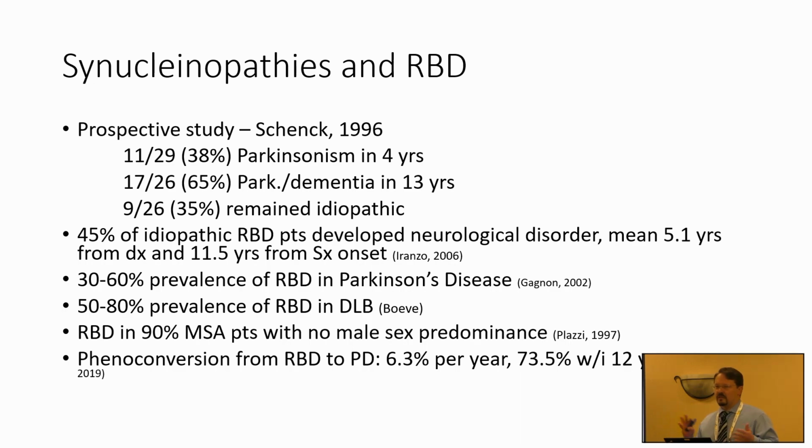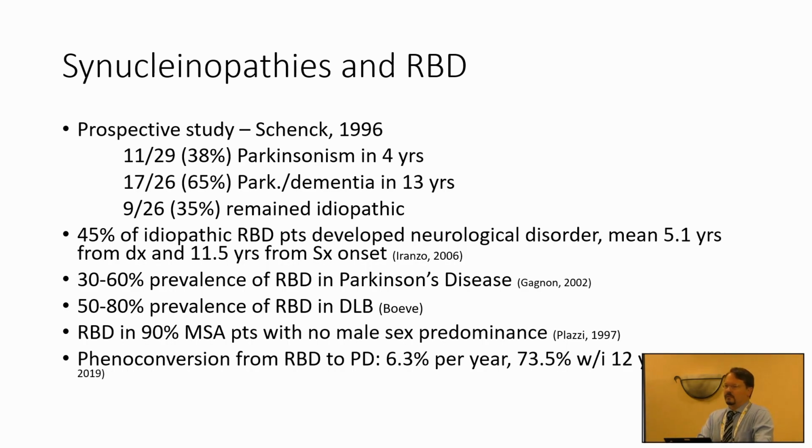There's an interesting association between the synucleinopathies, so Parkinson's disease, dementia with Lewy bodies, and multiple system atrophy, and RBD. And that is that oftentimes the RBD is a harbinger of a synucleinopathy to come years down the road. Not always, but it is very common.